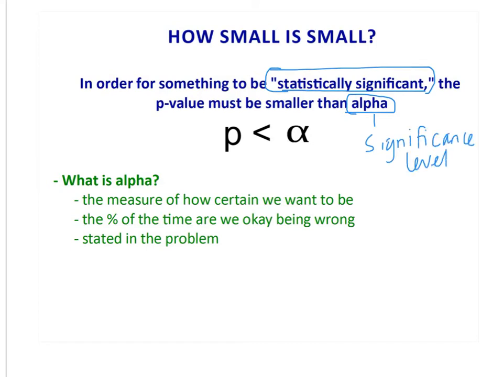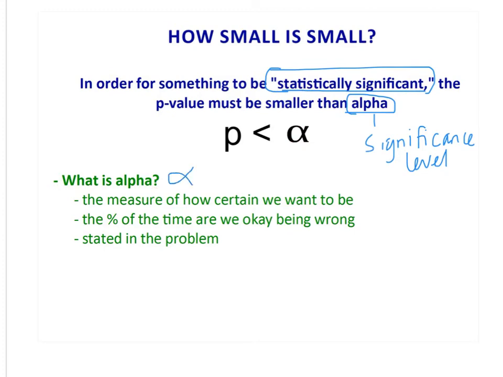Alpha is my significance level, and it's that Greek letter alpha right there. It's kind of like a little fish. So if p is less than alpha, I can reject the null hypothesis. So what is alpha? Alpha is this little symbol.